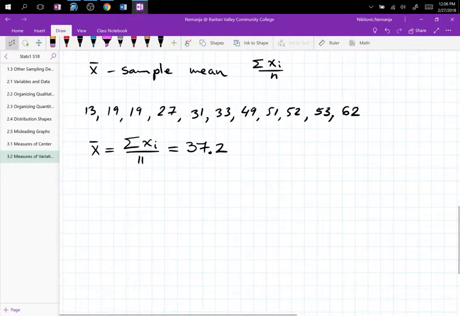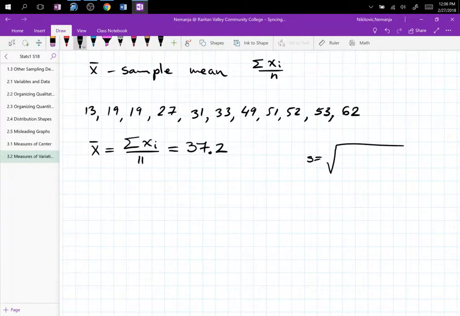All right, so now I'm just going to write the standard deviation formula on the side over here so that we can deal with all of these things. So I'm going to create a chart.